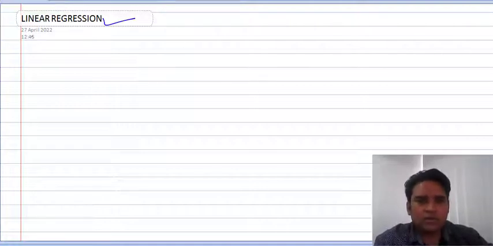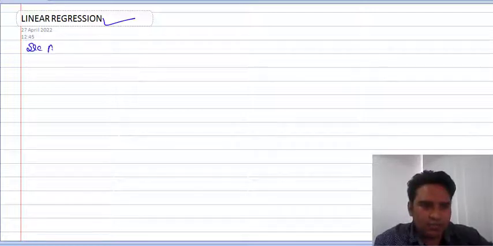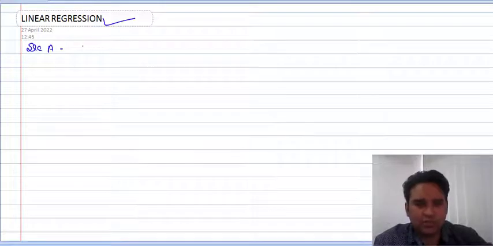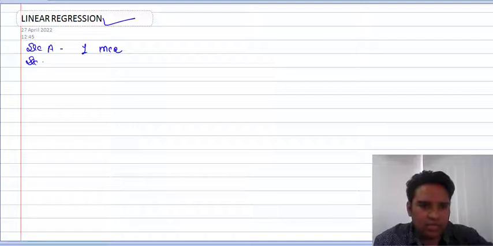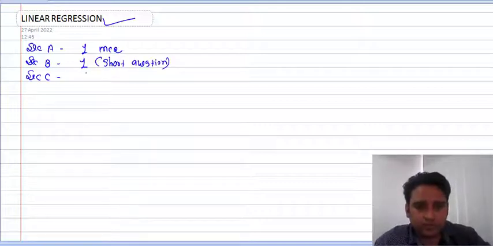Now let's first understand the allocation of marks of this chapter in the board examination. In Section A, the MCQ, they will ask you a 1 mark MCQ. In Section B, they can ask 1 mark short questions. They will ask a 2 mark short practical question.